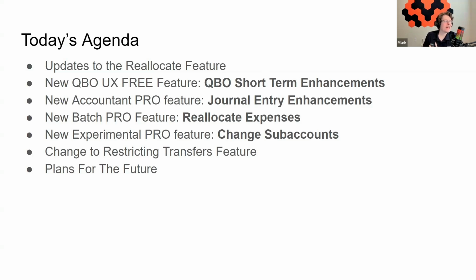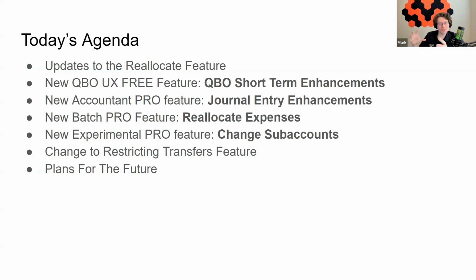And by the way, the slides will have links to everything if you are wondering about links to YouTube or to the Facebook group. So for today's agenda, we're going to talk about a few things. There are updates to the reallocate feature since the last time we had a webinar. We have a new free feature called QBO short-term enhancements, and a new pro feature called journal entry enhancements.